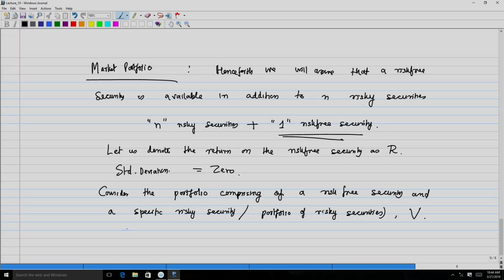So, then we take the mean or the expected return of the portfolio as mu v as the return and sigma v greater than 0 as the standard deviation. So, this means that mu v and sigma v are the return and risk for this portfolio, which includes both risky and risk free assets.